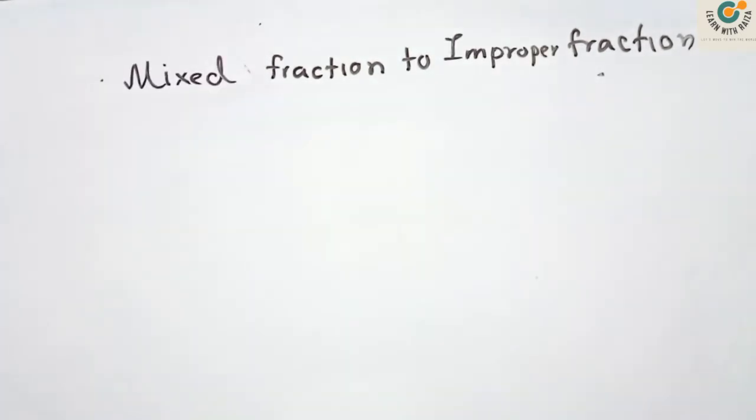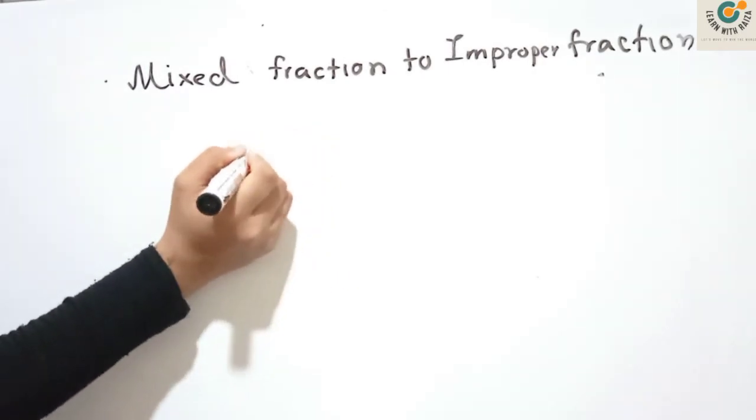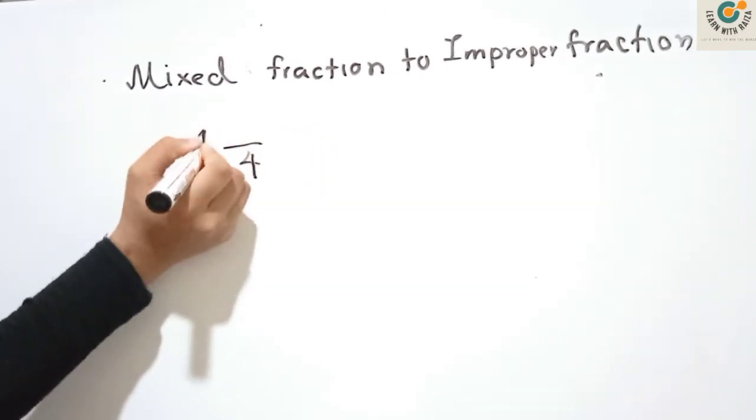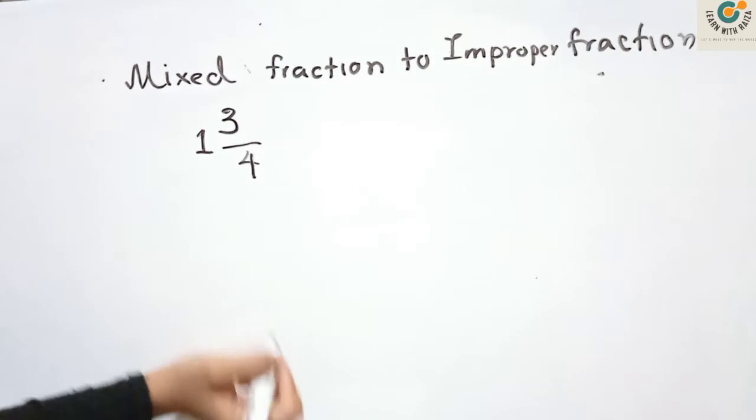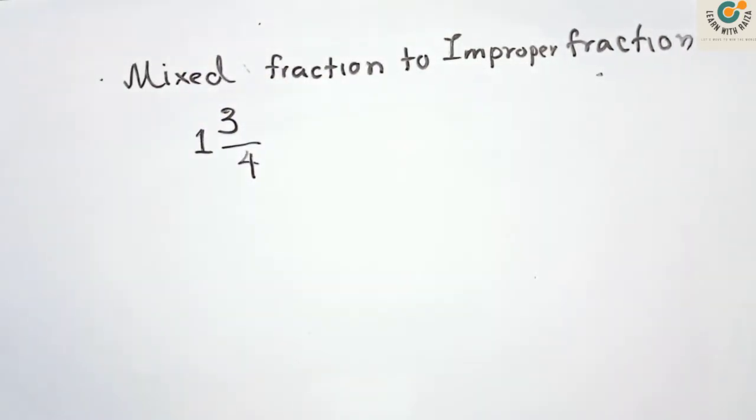Now I am going to teach you the other way around: how to convert a mixed fraction to an improper fraction. Let's take the previous example, where the denominator is 4, the whole number is 1 and the numerator is 3. This is a mixed fraction, and we are going to convert it to an improper fraction.